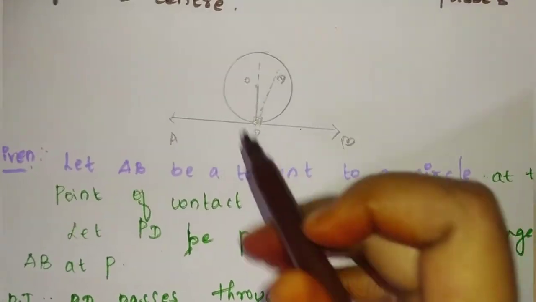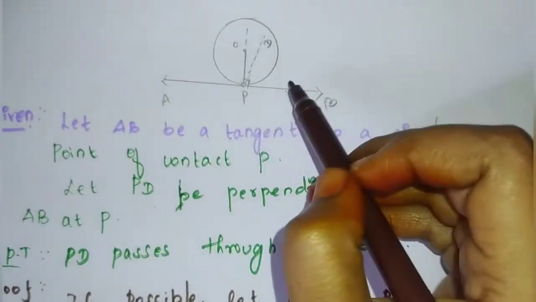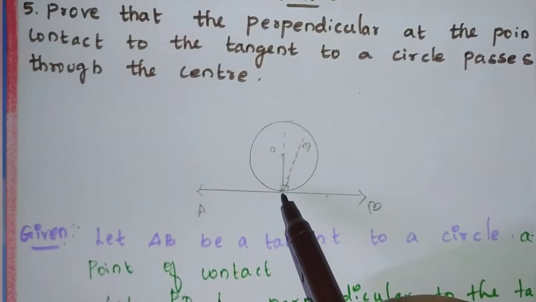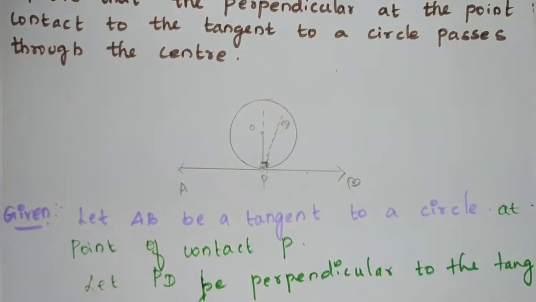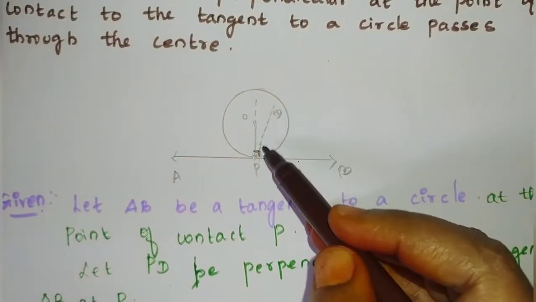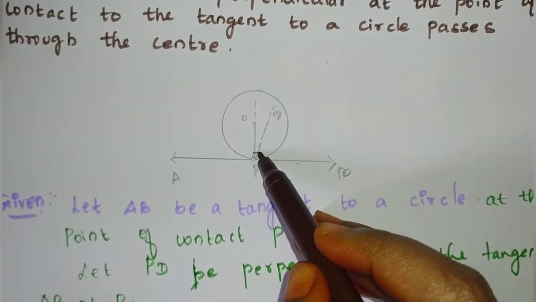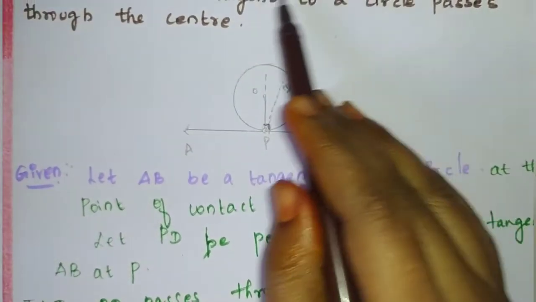First one, we have drawn one circle, center, point of contact, everything we know. That perpendicular line means, what we have to prove is that it passes through the center only. So already we know this is 90 degrees by the question.